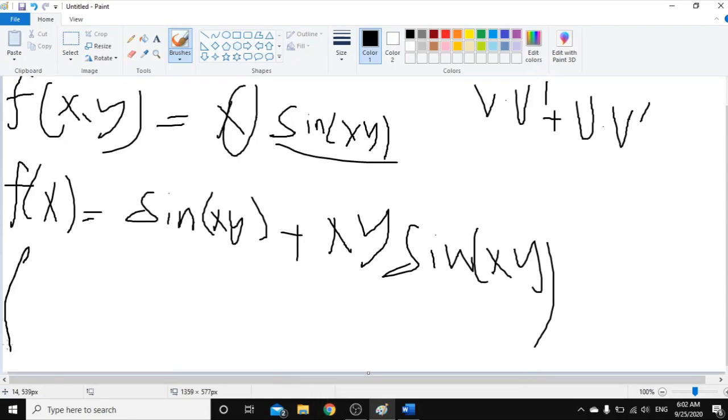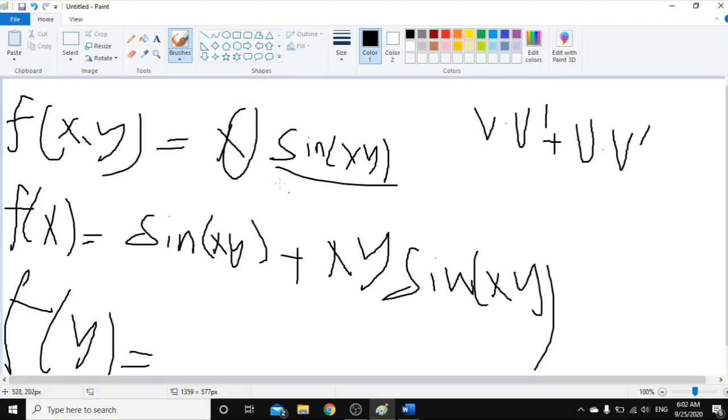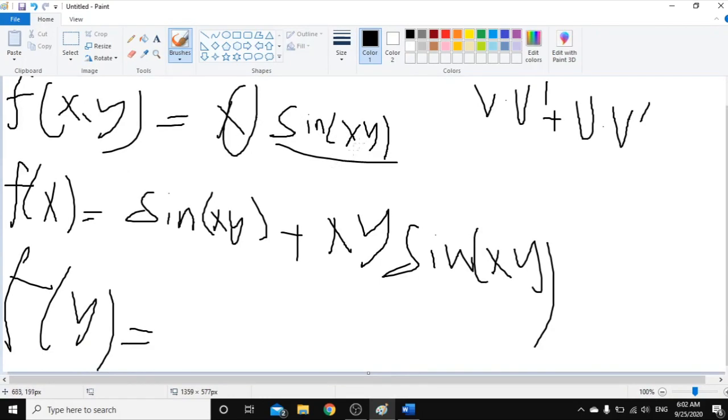For f of y with respect to y, the second one, what is the example? Yeah, here. For taking with respect to y, we deal with x as a constant, and for y we take the derivative. So the derivative of y is 1.